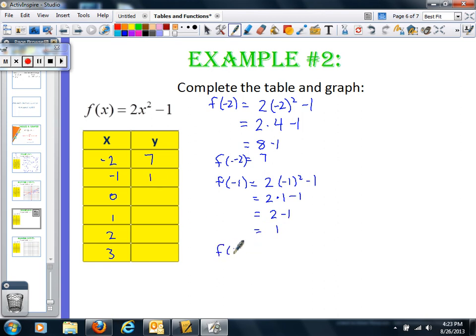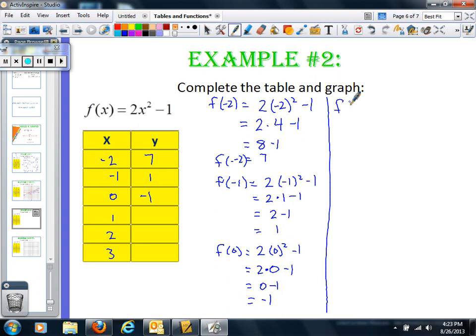Now you have f of 0, which is 2 times 0 squared minus 1. That's 2 times 0 minus 1. This is 0 minus 1, which gives you f of 0 equals negative 1. F of 1, 2 times 1 squared minus 1.